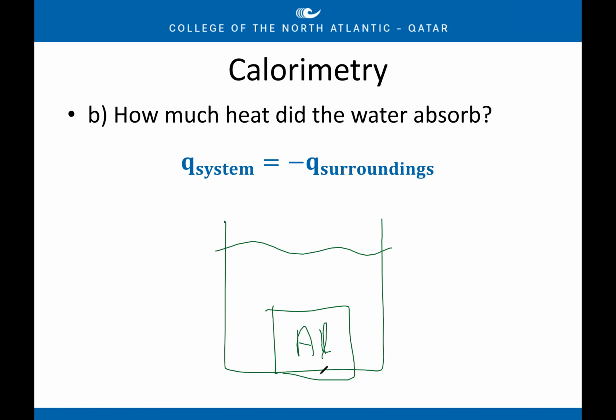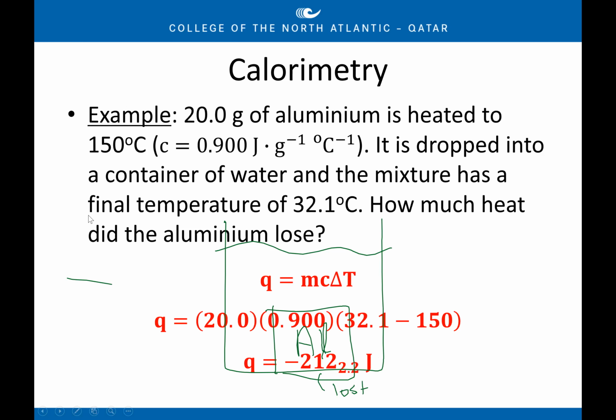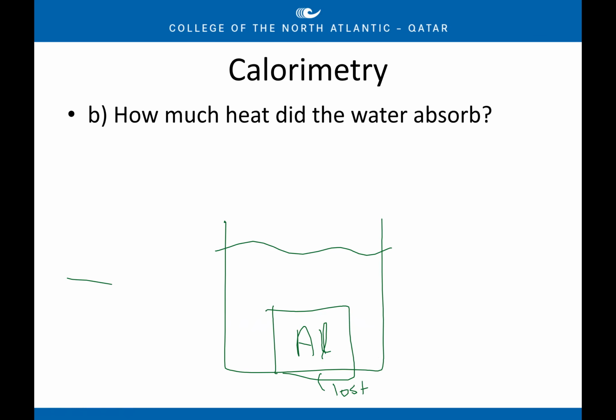How many joules did the aluminum lose? So if the aluminum lost 212 joules, which is why it was negative, right? The reason it was negative is because it was losing 212 joules.